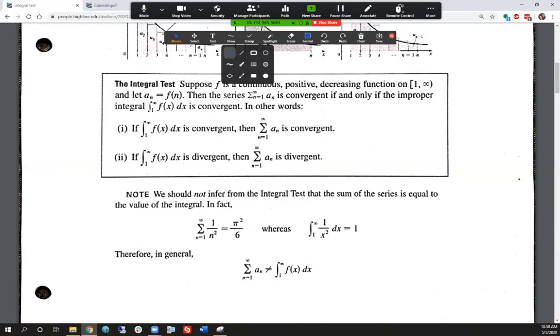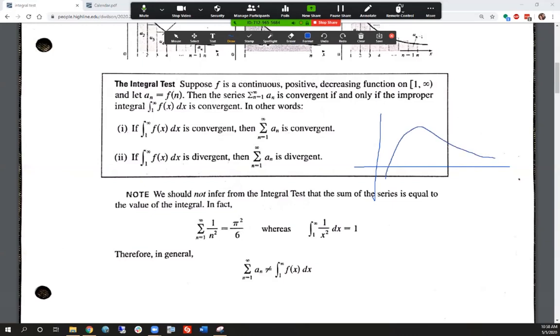And most of the time the graph ends up looking something like this. If there is a problem, all you do is chop it off and only go from there forward. So the fact that it wasn't always decreasing doesn't even matter. We've got a workaround for that.